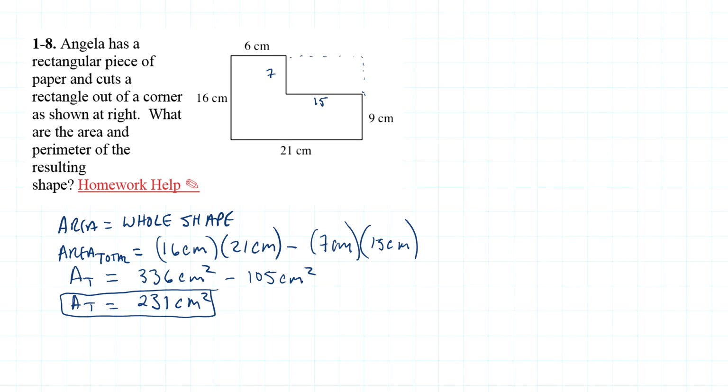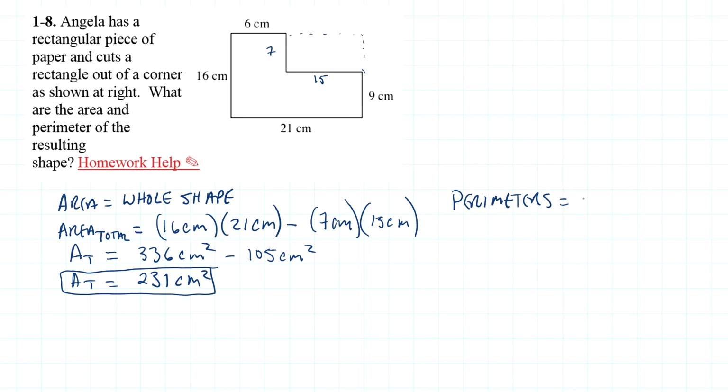Now be careful, a lot of these questions are two parts, so not only do they want the area, but they want the perimeter. Now remember, perimeter is going to be the outside sides added together. So I'm just going to say equals all sides added.